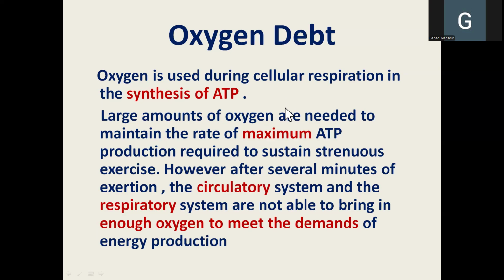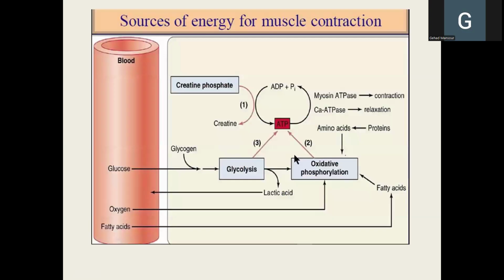So you keep breathing rapidly in order to get more oxygen, even though you finished your exercise and you're resting now, just to obtain more oxygen to oxidize the lactic acid and get rid of the harmful symptoms.